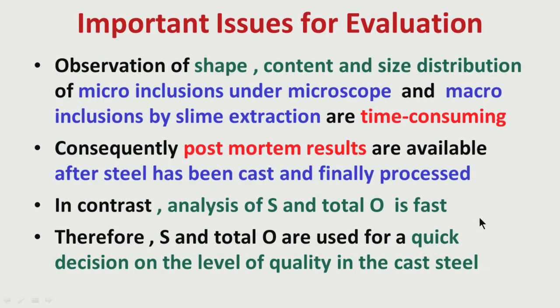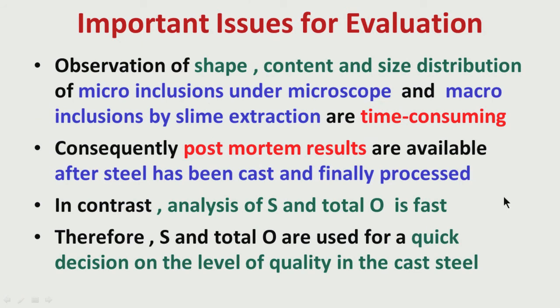cast steel. This aspect is very important, and good steelmakers nowadays are taking these decisions on quality based on analysis of sulfur and total oxygen. They are not waiting for the analysis or evaluation of the inclusions, which will take a lot of time. They are taking decisions based on sulfur and total oxygen in the steel.